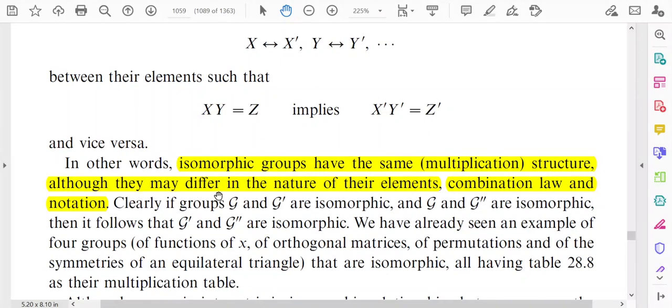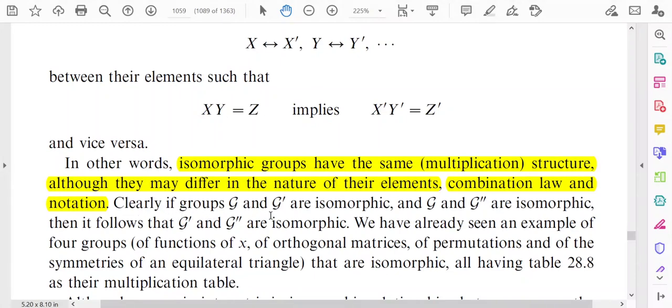Although the groups may differ in the nature of their elements, combination law and notation, they may have a common multiplication table or common multiplication structure. Those groups are isomorphic groups.